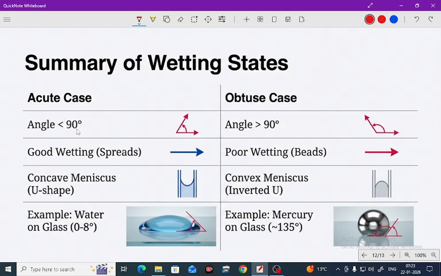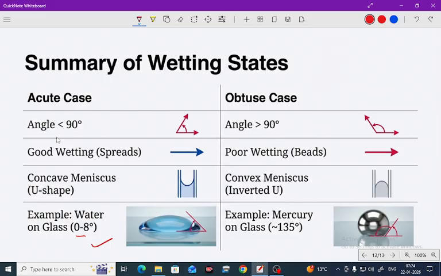And the third one is the summary of wetting states. Acute case, when angle theta is less than 90 degrees: good wetting, the liquid spreads, concave meniscus, U shape. An example is water on glass, 0 to 80 degrees.